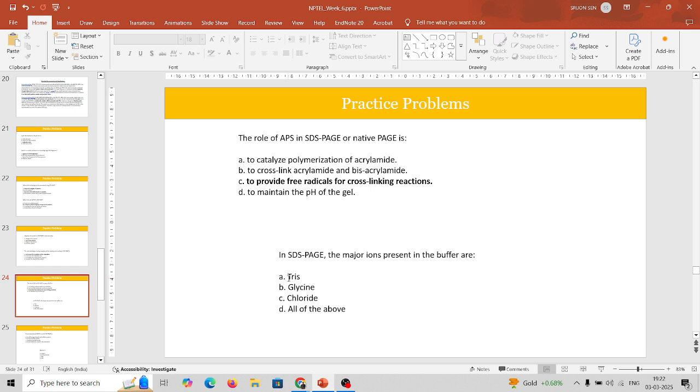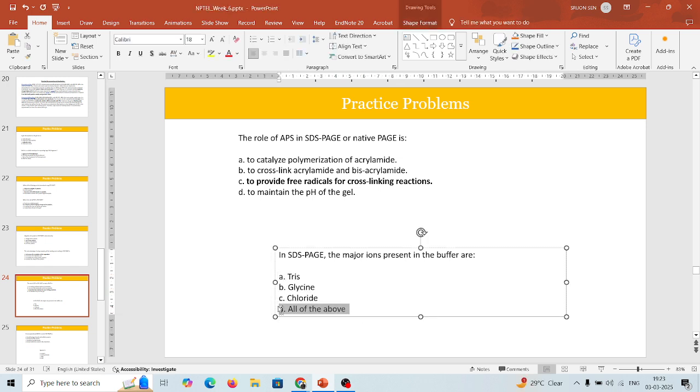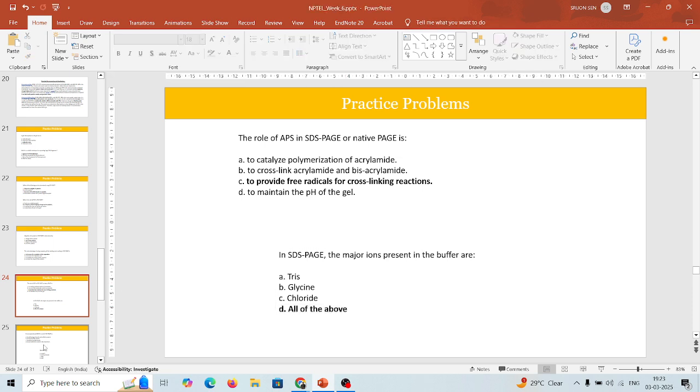So which of them are there? Tris, glycine, chloride, or all of the three? Yeah, absolutely. So you have tris in the running buffer over there, as well as in the stacking and the resolving gel, you have the glycine and the chloride, the role of which I just mentioned. So all of these ions are present over there.